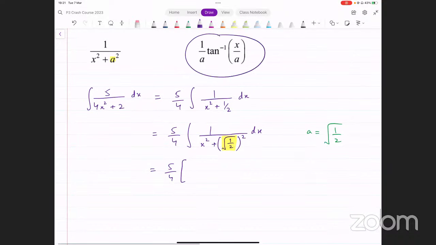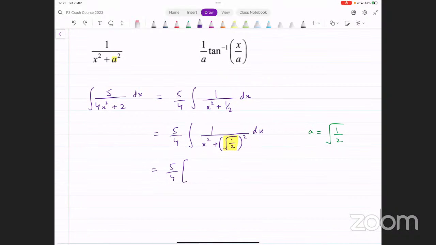Inside, let's apply this rule now. 1 over a, what's the integral of this? 1 over a into tan inverse of x over a, with a being square root of 1 over 2. That's what the integral looks like.